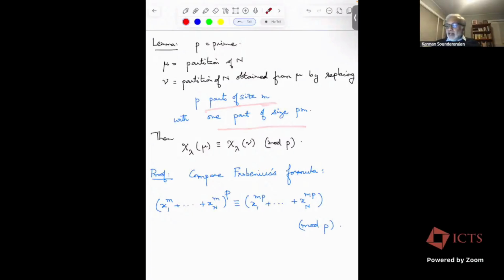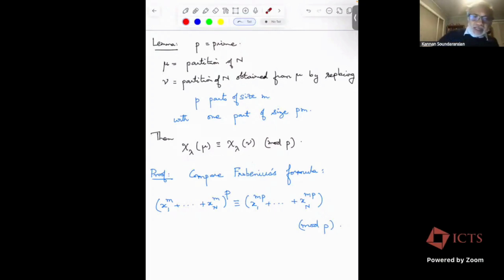So I'm going to combine p parts of size m to one part of size pm. And I do this as many times as I want. And what I claim is that if I combine p parts of one size to one part of larger size, then the character values are congruent modulo p.